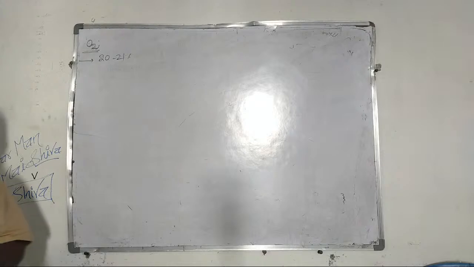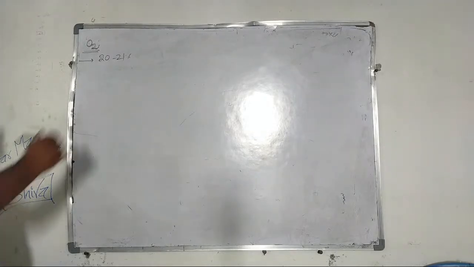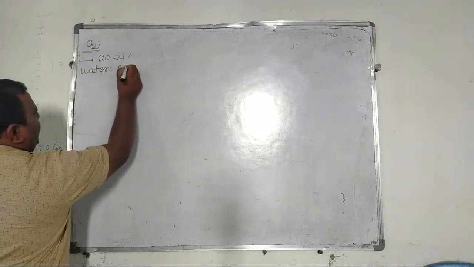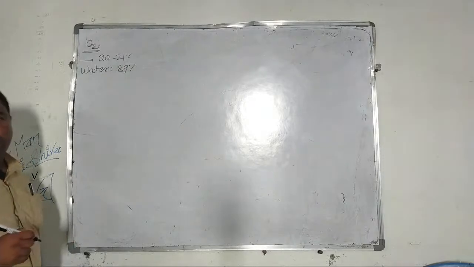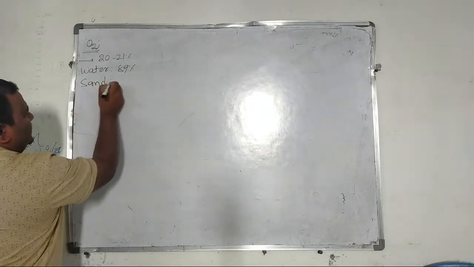Is it present in more or less quantity in water compared to the earth or the atmosphere? More quantity is there. In water, oxygen is 89%. Sand also contains oxygen. Sand means silica.